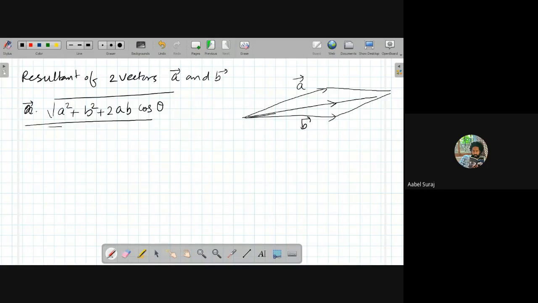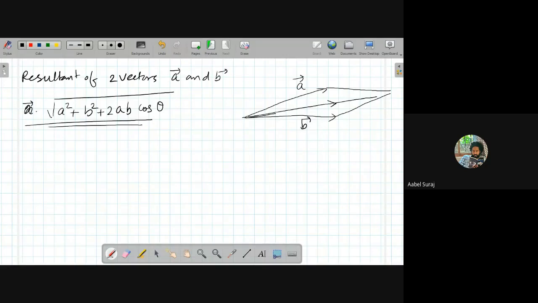So this is the resultant of the two vectors. If you want to find the resultant using the parallelogram law, this is the idea. This is a basic idea of the resultant of two vectors. So now we'll move on.